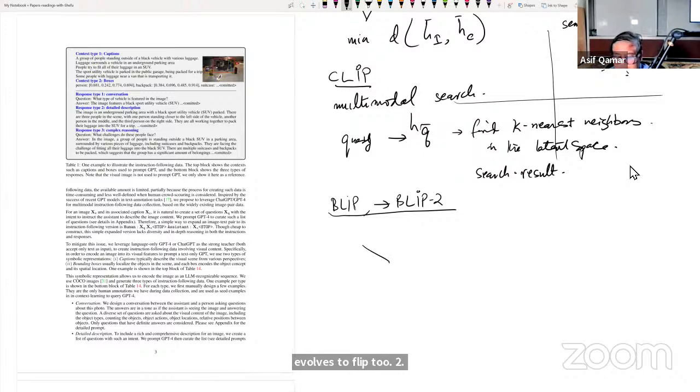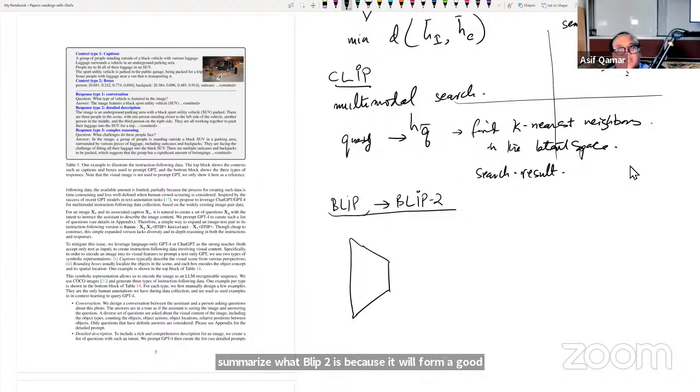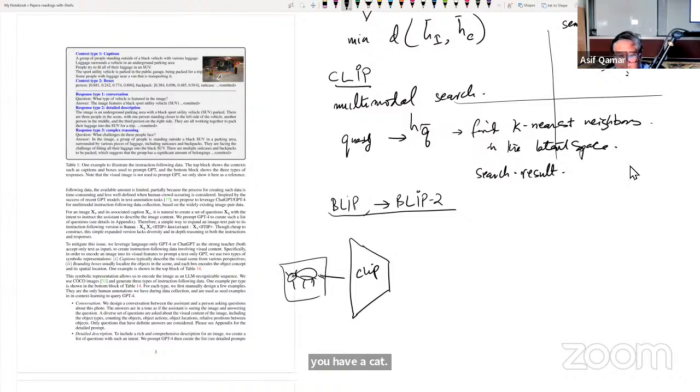What BLIP-2 did is it said, okay, let's do one thing. Let's keep an encoder, like a CLIP-like encoder for images. So suppose you have a cat. Well, my cat hardly looks like a cat, but it is. And you get an image vector here. And what you do is you take a full-blown language transformer.